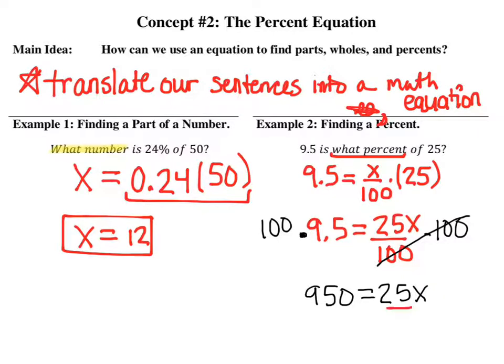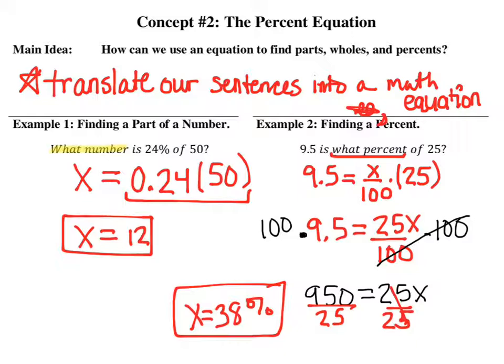And then we are going to divide by 25. Remember, you're doing the opposite of the operation of what's going on. So we have 25 times x. So to undo multiplication, we divide. So we get x equals 38. And remember, this is finding a percent, so this is 38%.